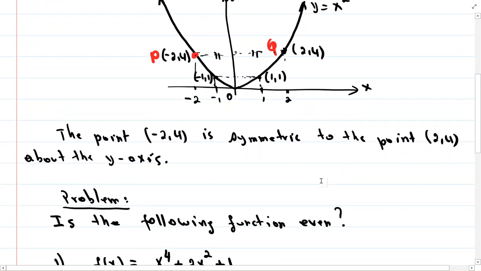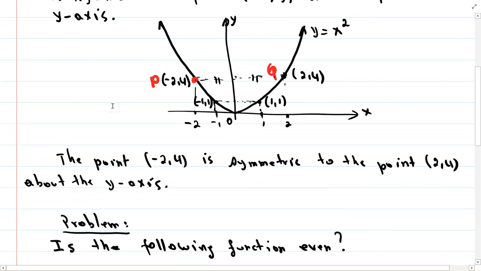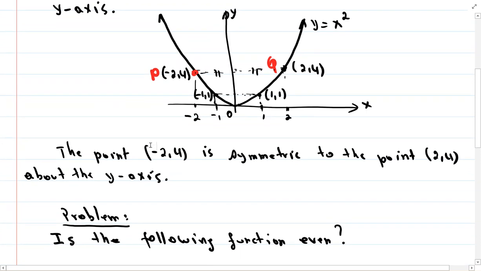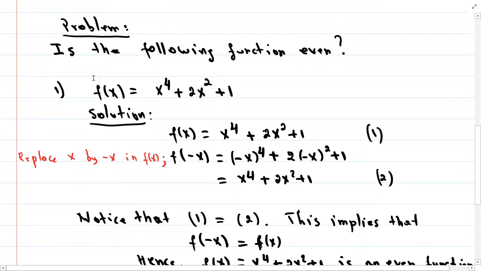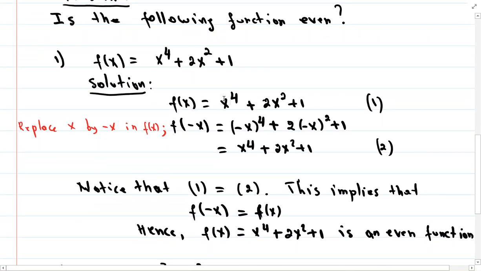So now we go to a problem where they want us to determine if this function is an even function. So the first step is to write down the function and then take the function, evaluate it at negative x, which means wherever you see x, you're going to replace it with negative x.